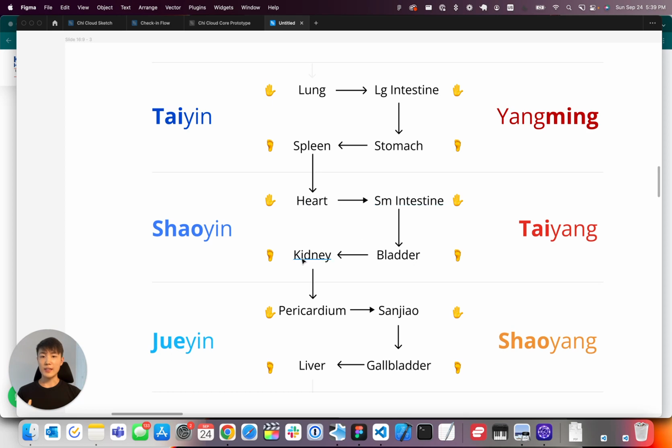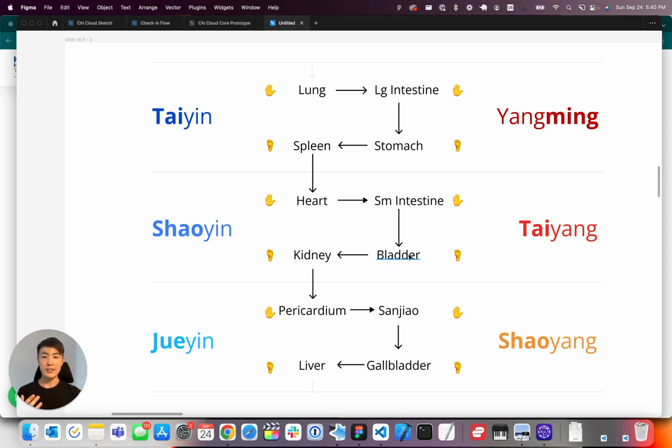Finally, you have the kidney and the bladder. And so with this one, you can remember that this is the next external. If you look at what's coming next, sanjiao and the gallbladder, those are more internal than the bladder, because the bladder at least releases directly to the outside, when you pee, it goes from the bladder.